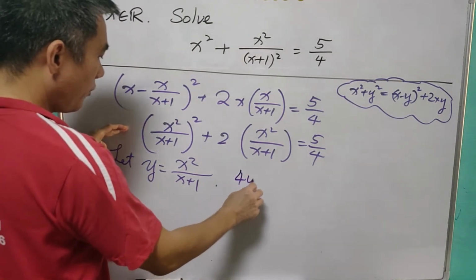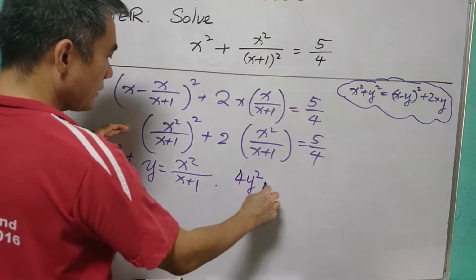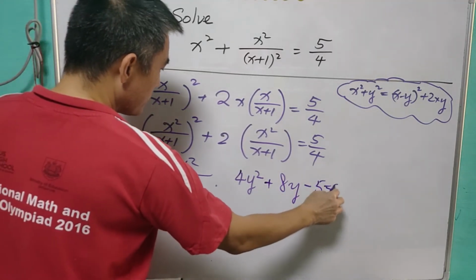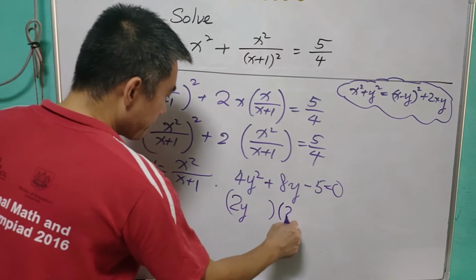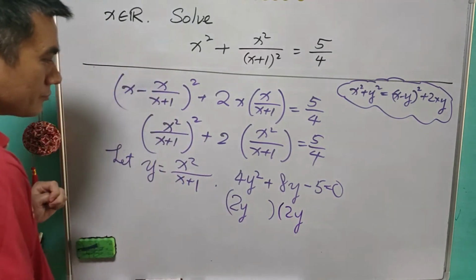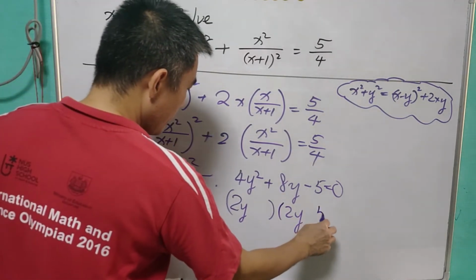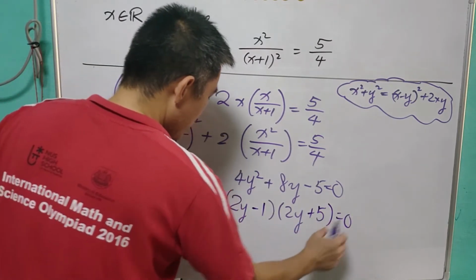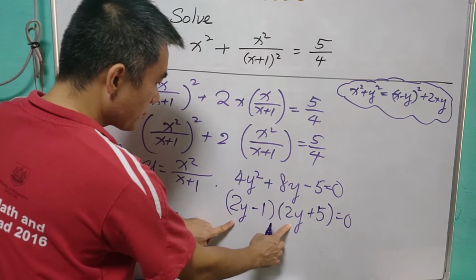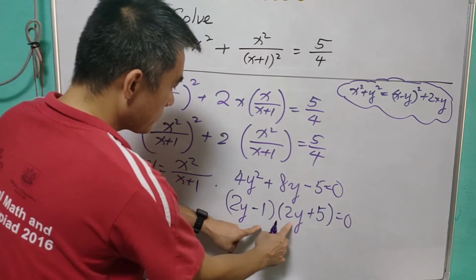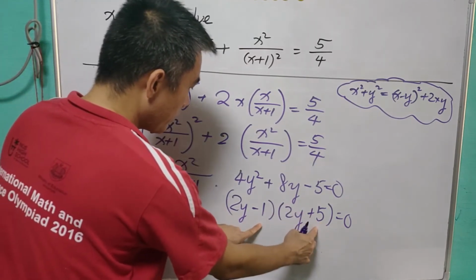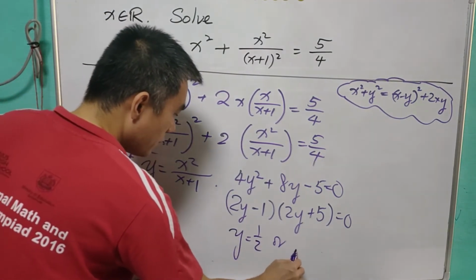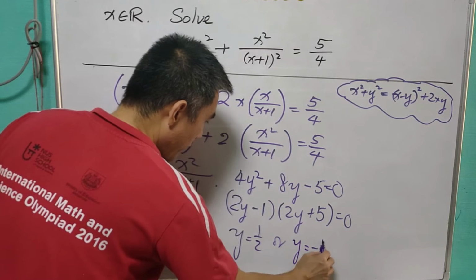So this will be 4y squared plus 8y minus 5 equals 0. Factorizing: (2y plus 5)(2y minus 1). So 2y times 2y is 4y squared, 10y minus 2y is 8y, negative 1 times 5 is negative 5. So y will be equal to a half, or y is equal to negative 5 over 2.